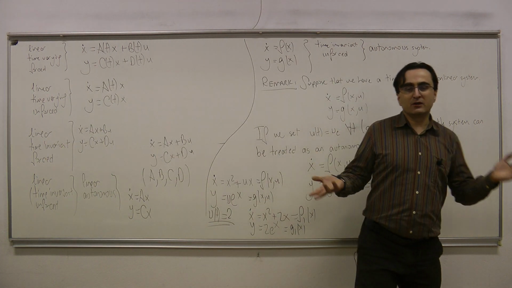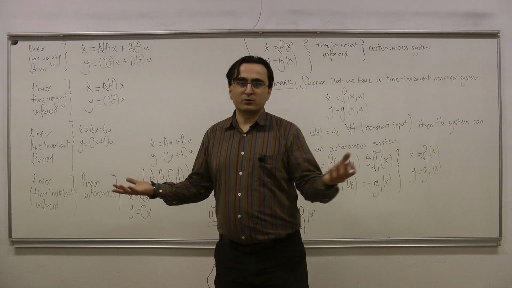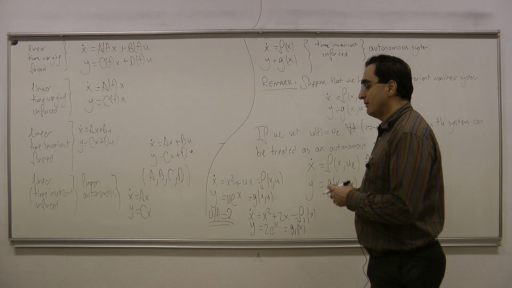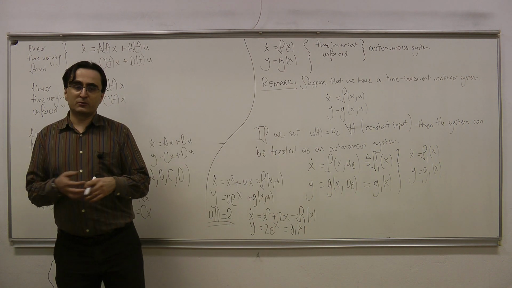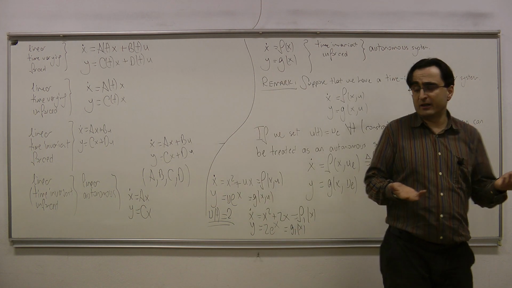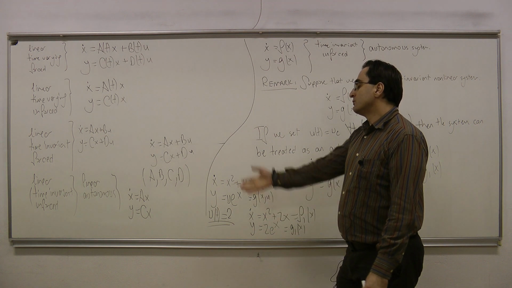So if a system doesn't have any input, is it always going to give me zero response? Do you think its response is always going to be zero? Obviously not. Then autonomous systems would be useless in that case.